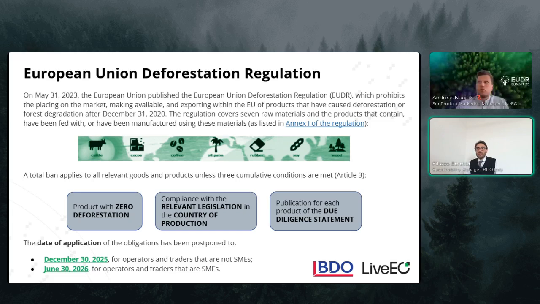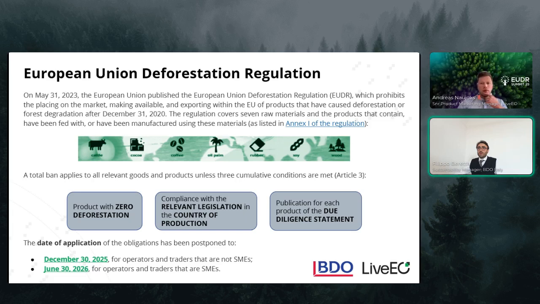The initial deadline for complying with the obligations of the regulation has been revised through an extension that brings the deadline to the 3rd of December 2025 for non-SME companies, and SME companies are given an extra 6 months to comply. It is therefore necessary to address the issue in a very timely manner.